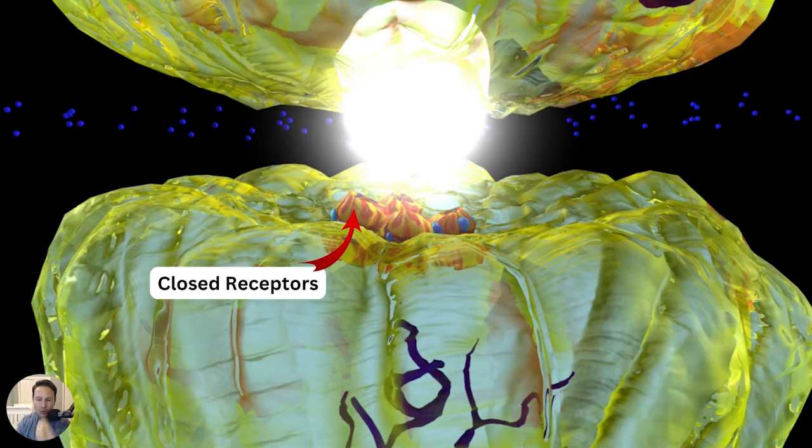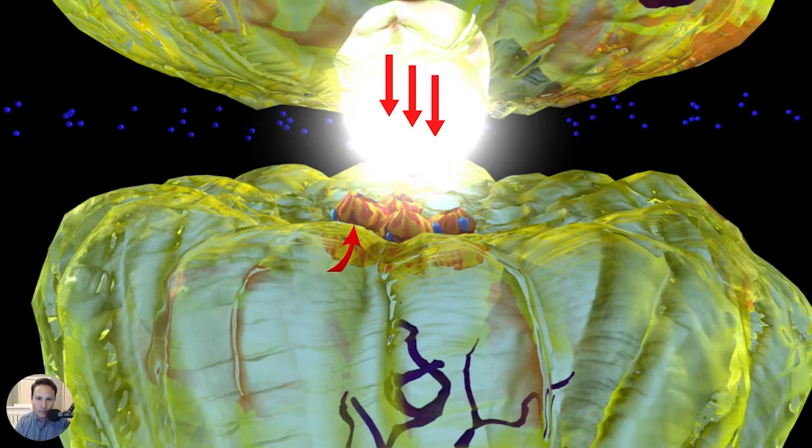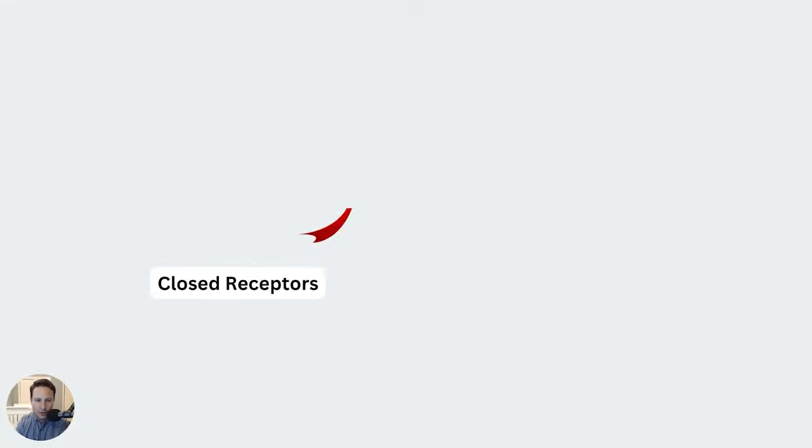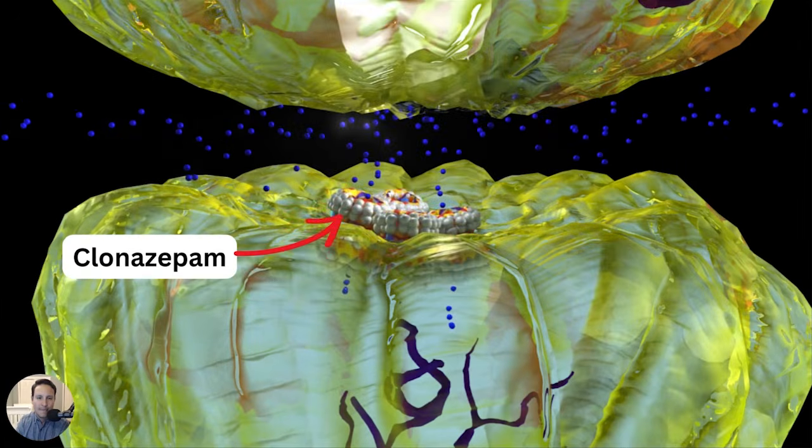When they're closed, electrical activity can come through and travel past. So that allows the electrical impulses to travel across the synapse into the receiving neuron, like we just said. And that was a description of an unmedicated neuron.